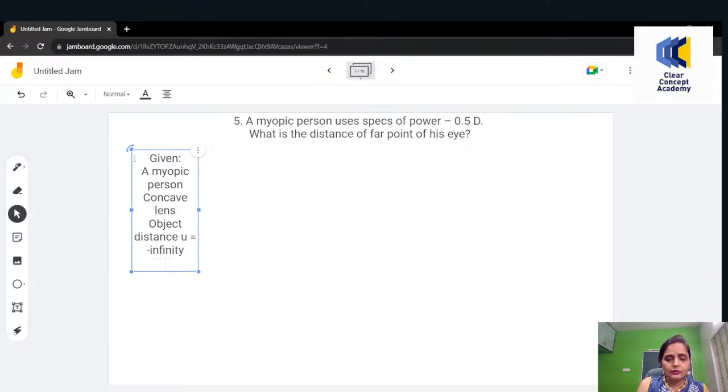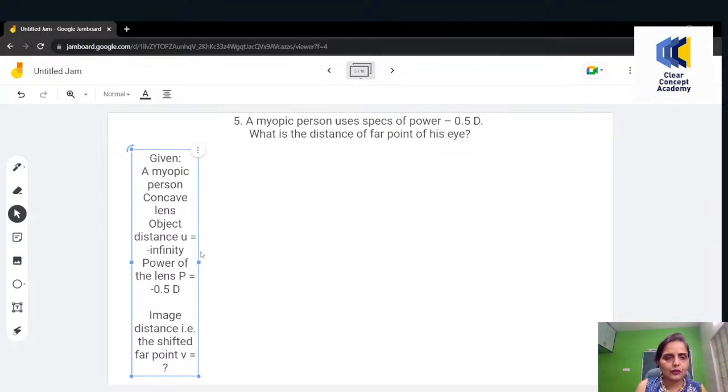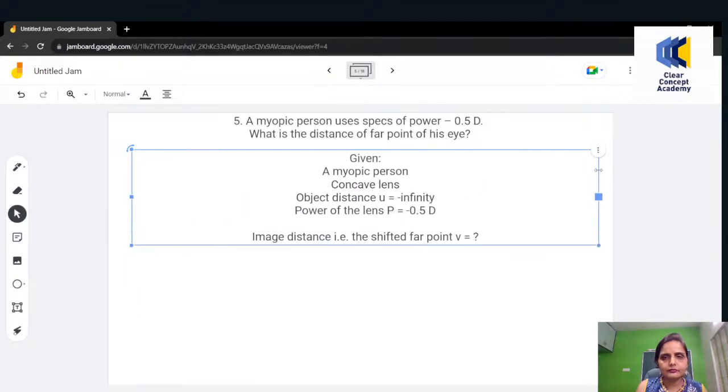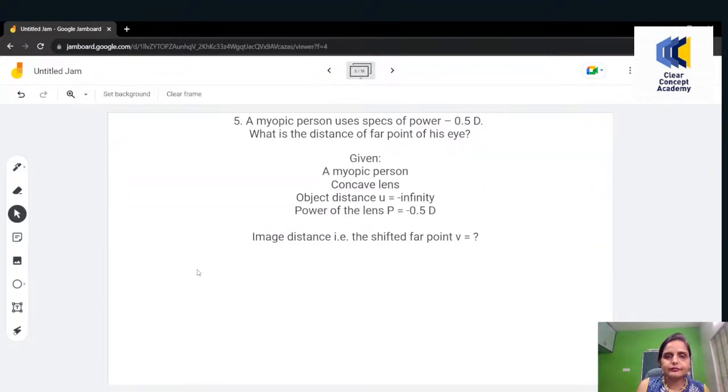Now they have given you the power of the lens, P is equal to minus 0.5 diopter, and they have asked you to find the image distance, that is the shifted far point, which is denoted by small v. Now how can we do this? We have the power and the object distance, and they have asked for the image distance.